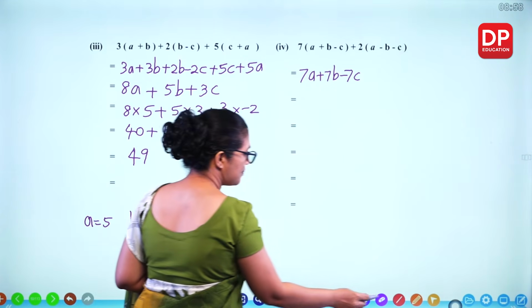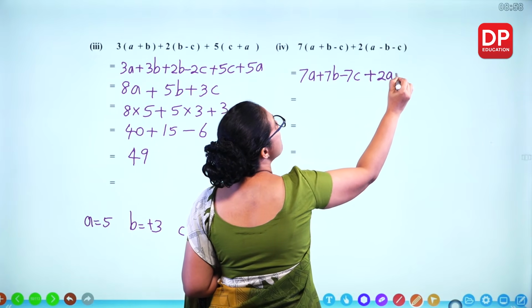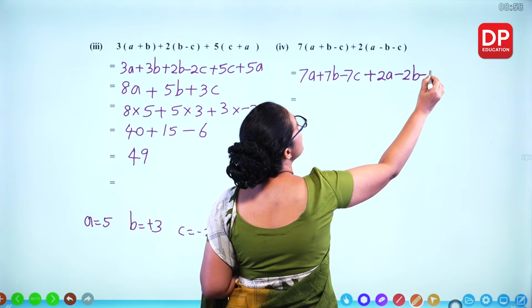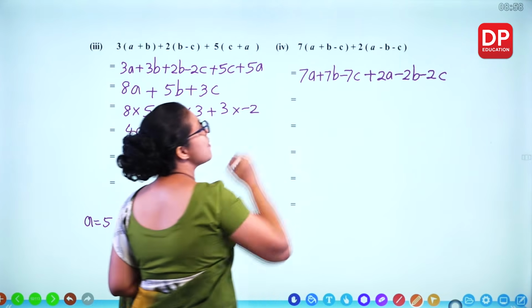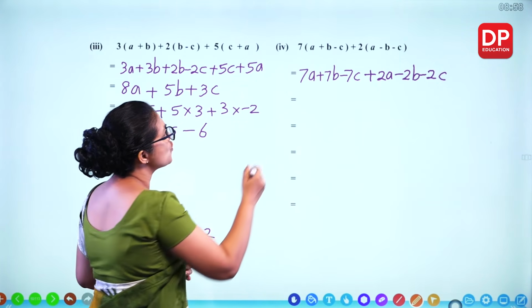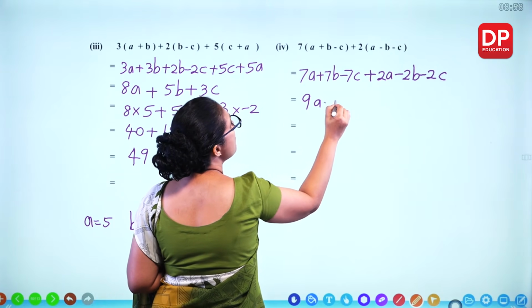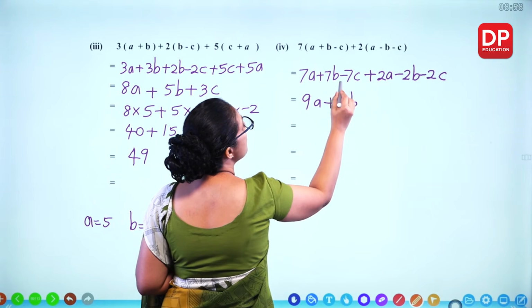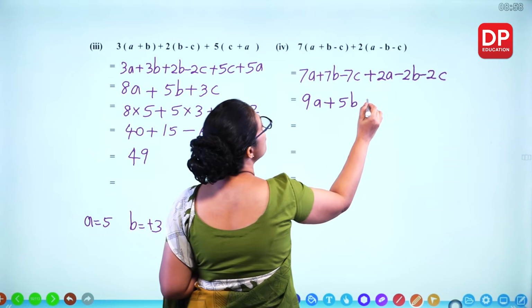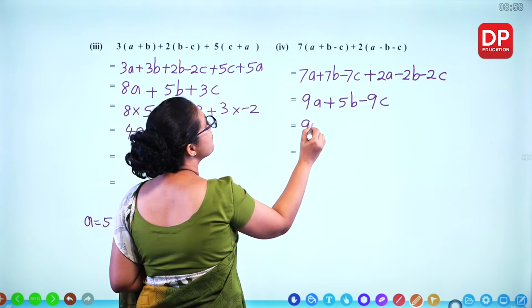This one, 7a, 7b minus 7c, and then plus 2a minus 2b minus 2c when you multiply by 2. Add like terms. 7 and plus 2, 9a. 7b and minus 2b plus 5b, minus 7 and minus 2, minus 9c. Now multiply.